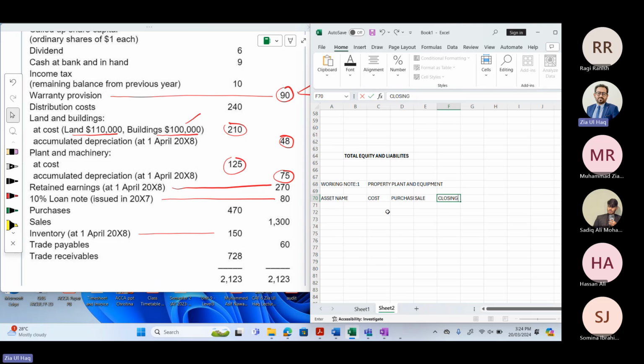In cost: opening balance, purchases, sales, closing balance. And then we need to record depreciation. First, accumulated depreciation. Then we need to record depreciation for the year. Then we need to calculate total depreciation. And then closing balance of assets minus total depreciation, we will calculate written down value.